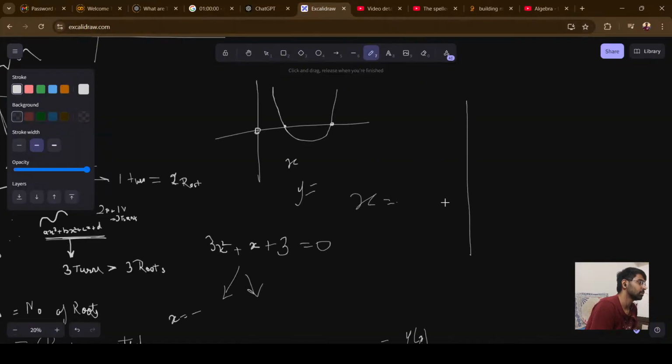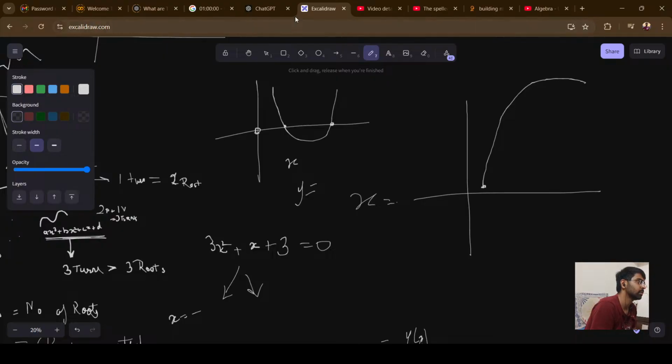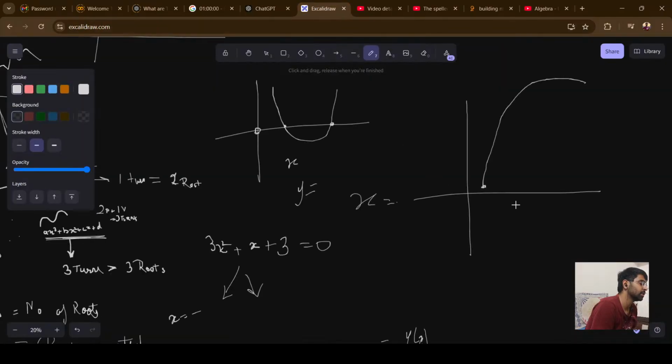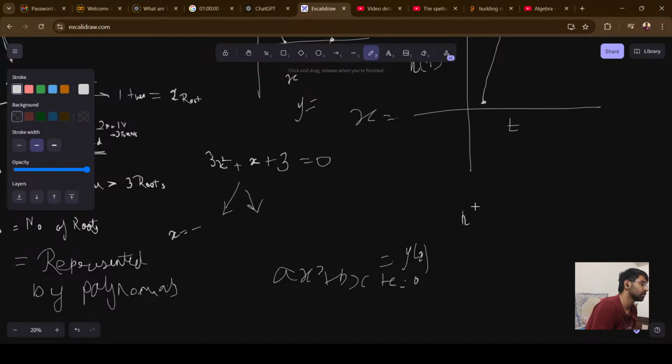So minus 5 is there, so it will be okay. So you threw a ball in that manner, right? At time t. So this will be time t and this will be h of t. Okay, so h of t is similar to y of x.